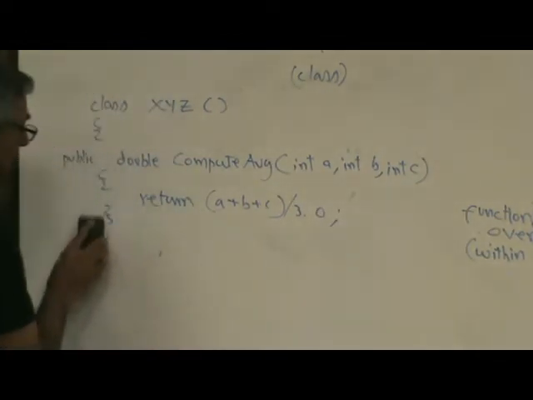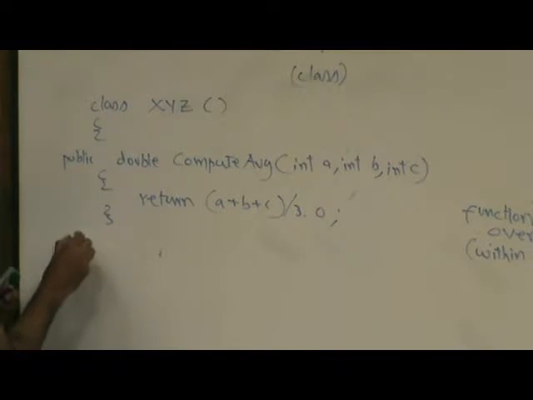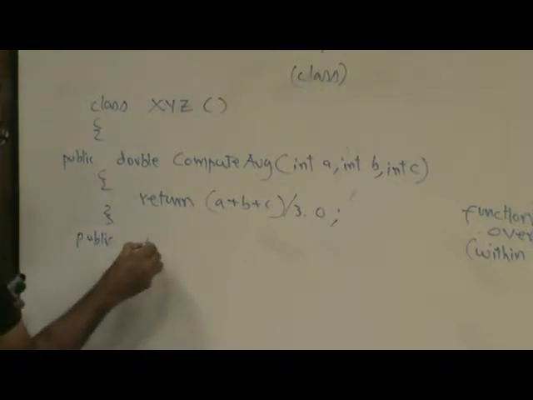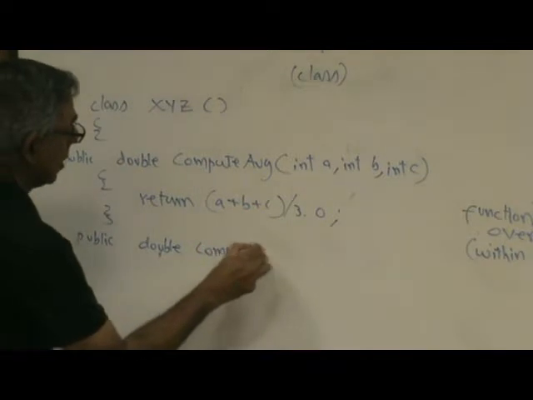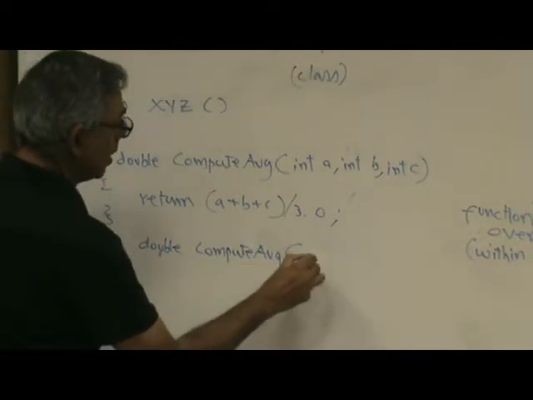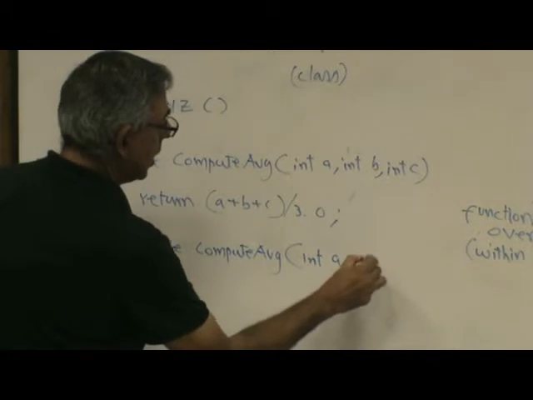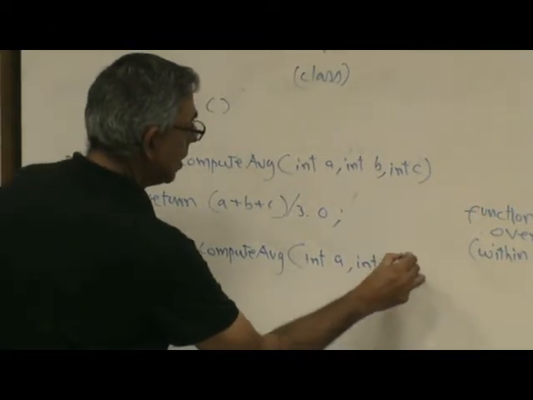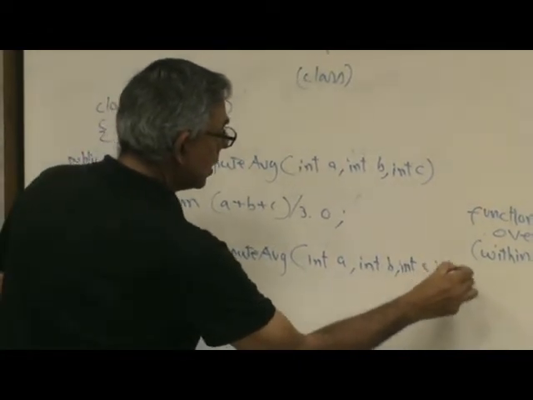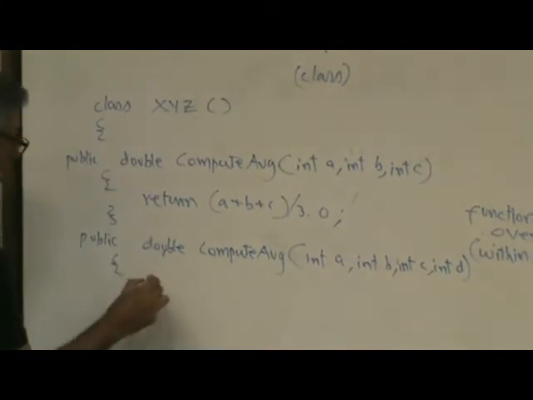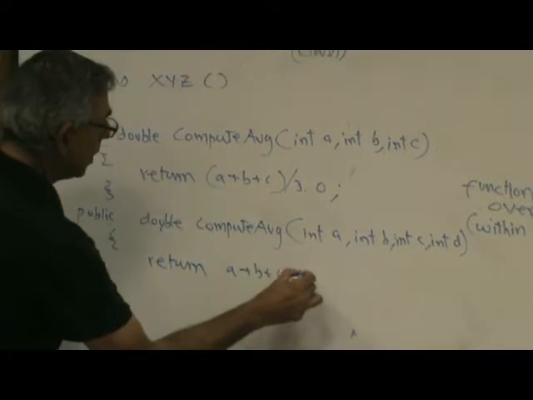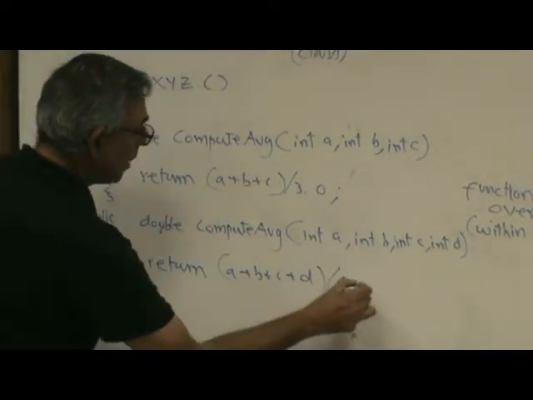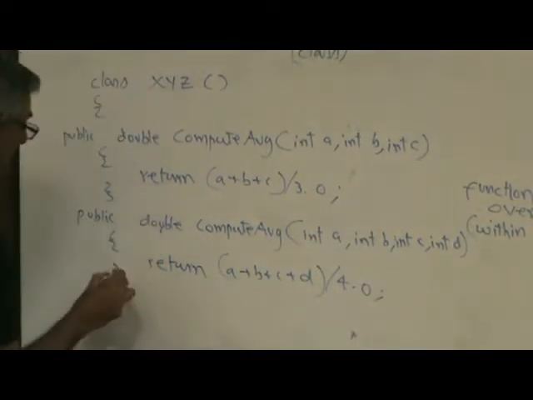So if I went to the same class and said public double computeAvg(int a, int b, int c, int d), and I did return a plus b plus c plus d divided by 4.0.